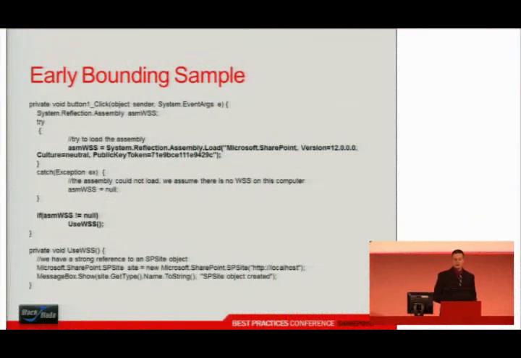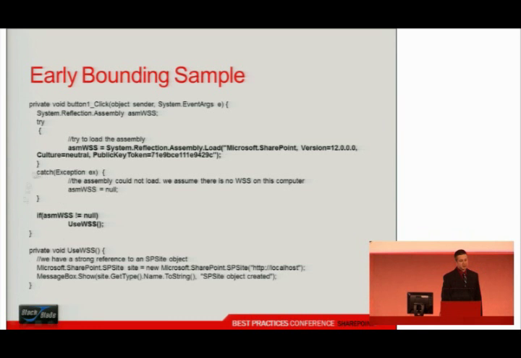All right, so here's some early binding code that we have. Inside of this try, we have the assembly that we're trying to load, the Windows SharePoint Services v3 assembly.